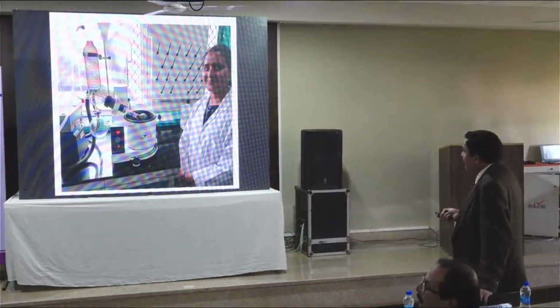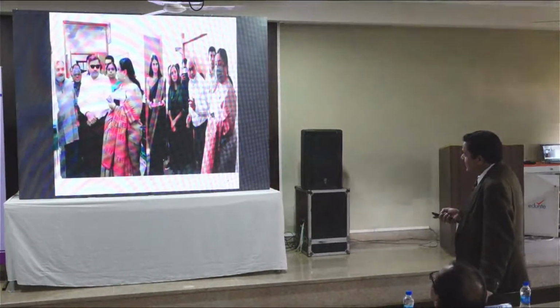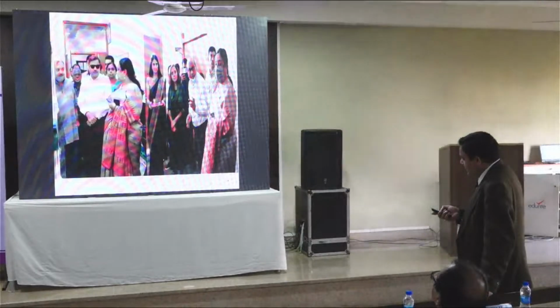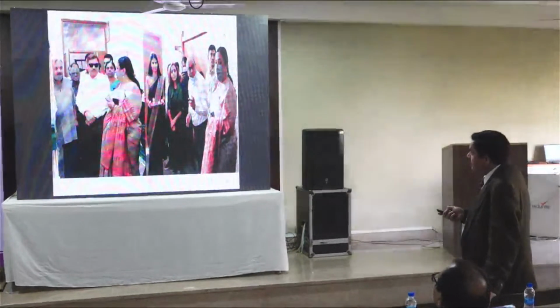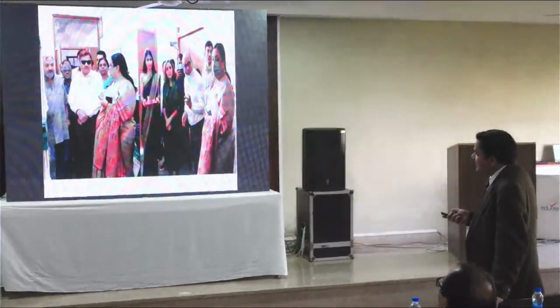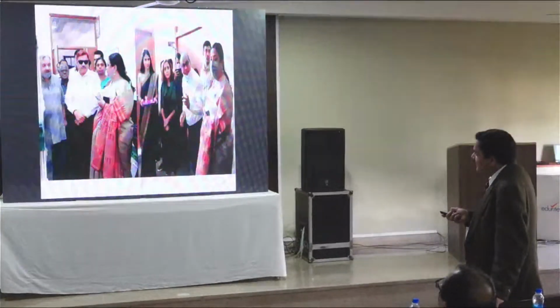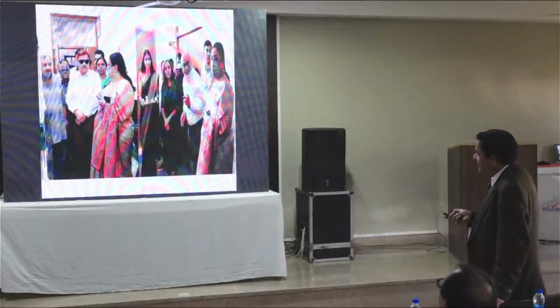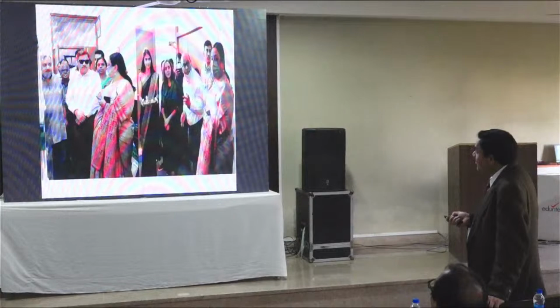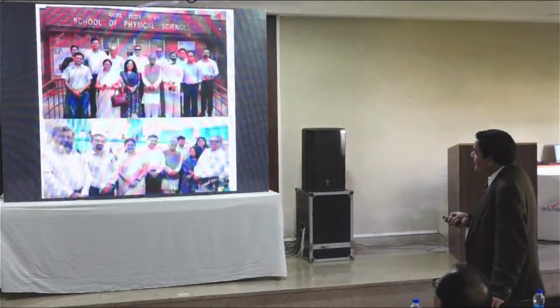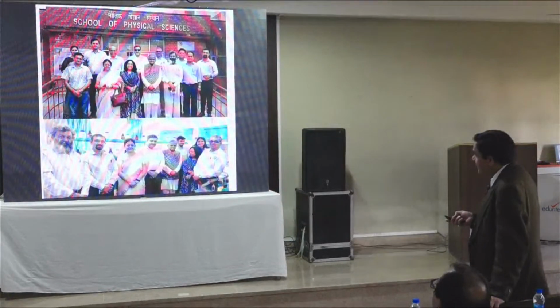Okay. And this lab was inaugurated by the then Vice Chancellor, Jagdish Kumar. Later on, our first woman Vice Chancellor of Jawaharlal Nehru University, Professor Pandit, also visited the lab, and the then Dean, and many visitors came to visit this lab.